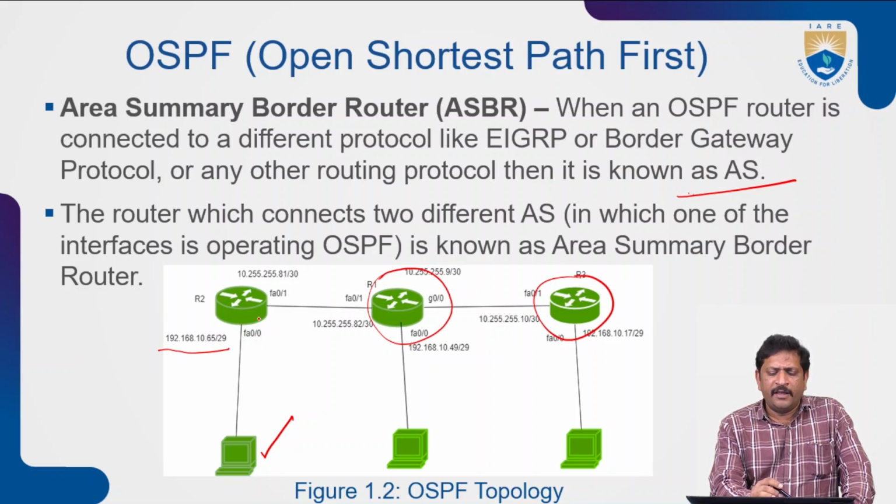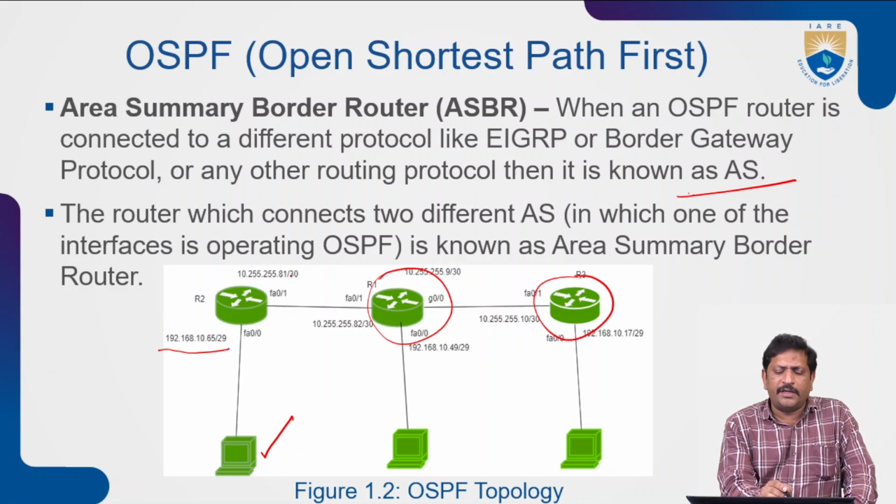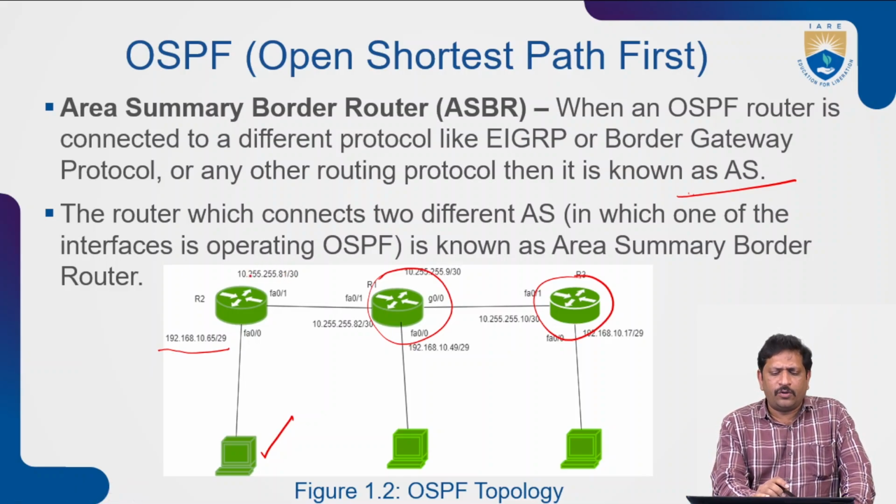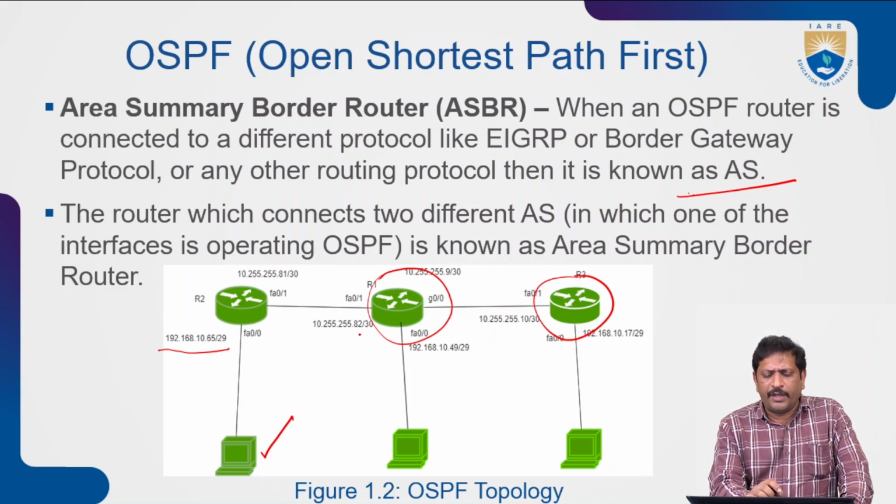It is also connected to 10.255.255.81 with /30. That is, 81 is device one, and the border device is 80. This device number 81 is connected to the 10.255.255.80 system, whatever system that IP address belongs to, and it is also connected to 81.